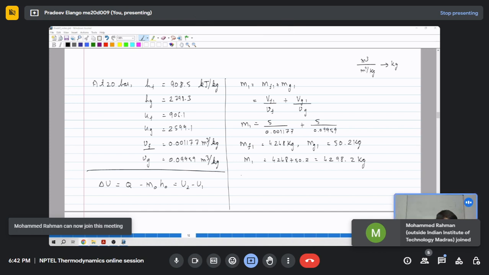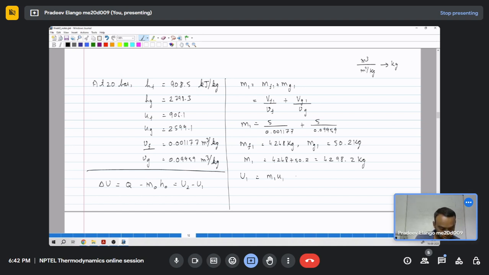So now for U1, it is M1 into U1, or we can also write Mf1 into Uf1 plus Mg1 into Ug1. So Mf1 is 4248 kg into the internal energy of the fluid at state 1, which is 906.1, plus Mg1, 50.2, into Ug1, 2599.1.